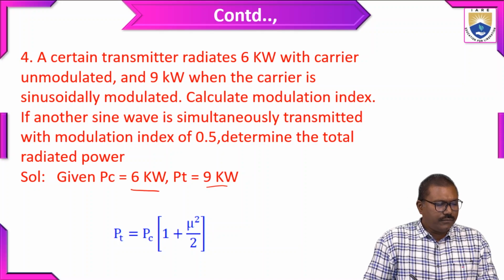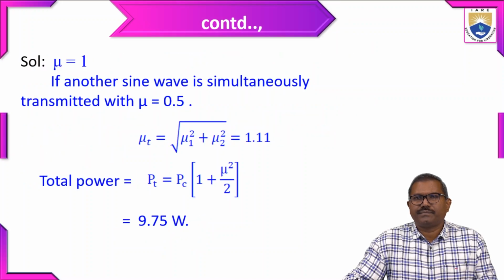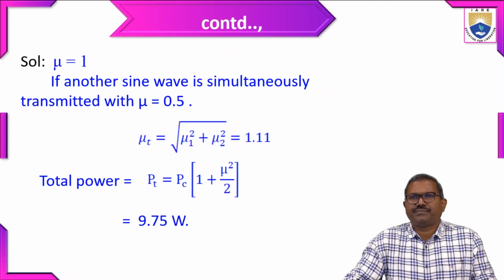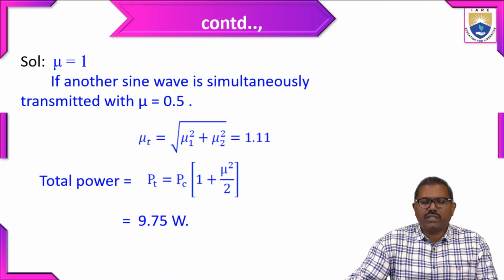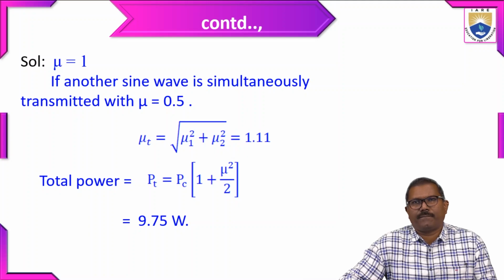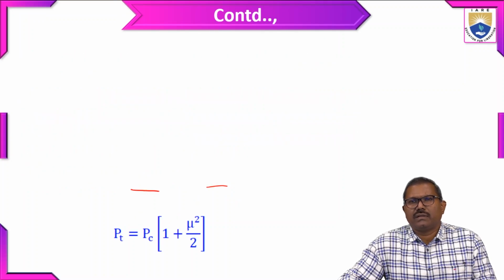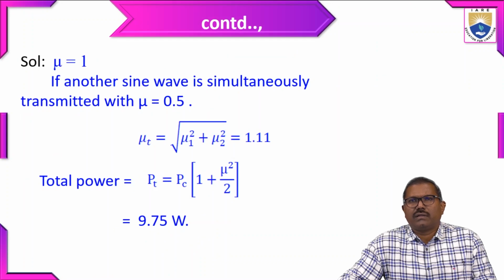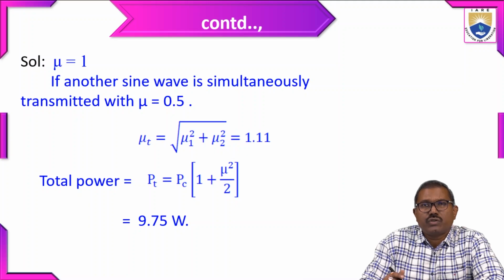So we are going to substitute and find the answer. Okay. So the given mu is equal to 1. Okay. So mu is 1. Initially mu is 1.